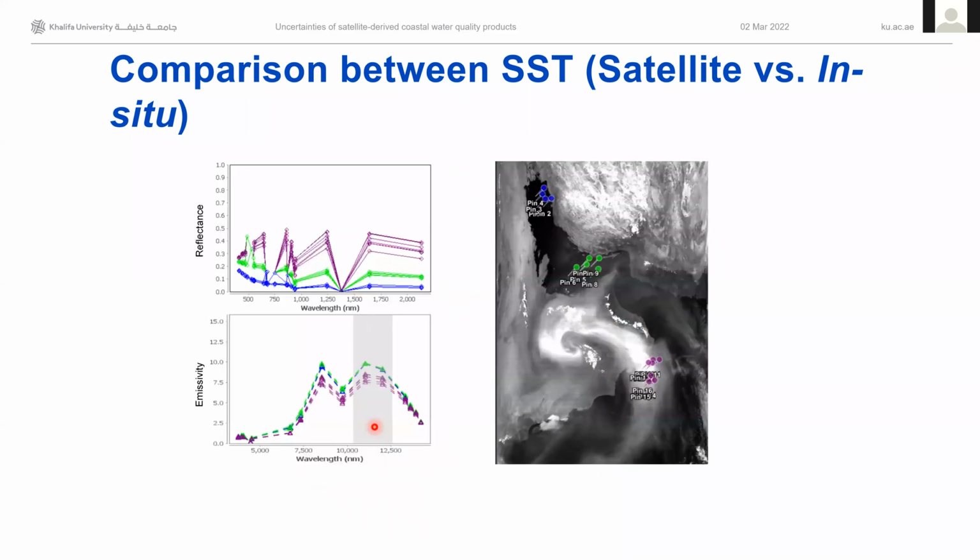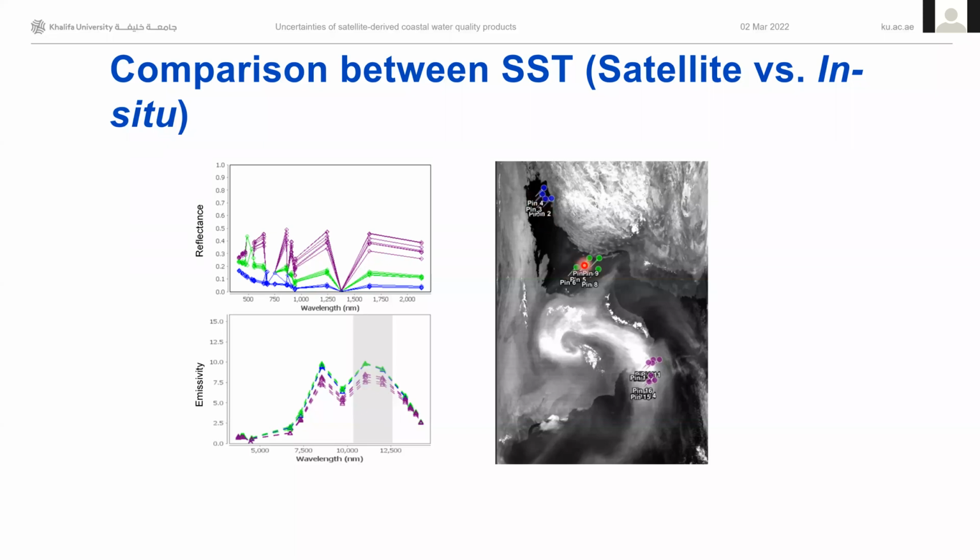So we tried to check the reflectance and emissivity of these different places: at the dust over the water, the center of the Gulf, and also the northern part.